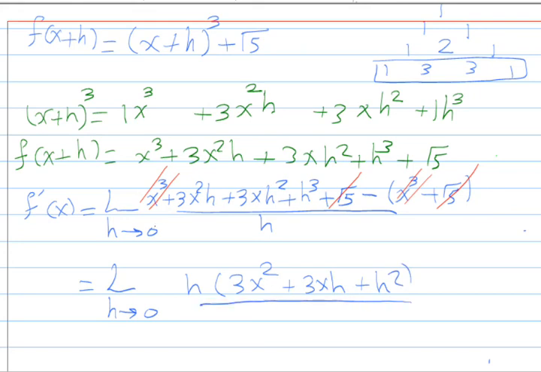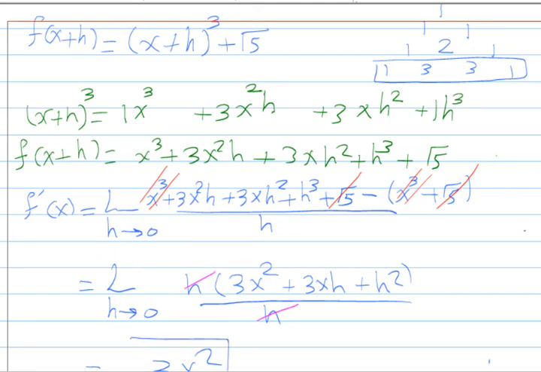Now we can cancel h with h. So we have this limit only, which is 3x squared. 3xh becomes 0 as h is 0. H squared becomes 0 as h is 0. So this is our result.